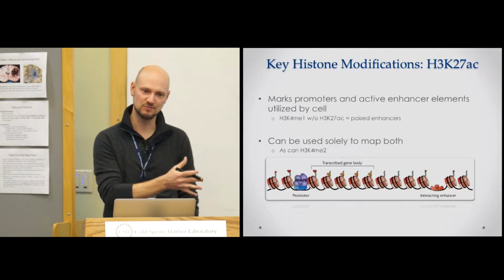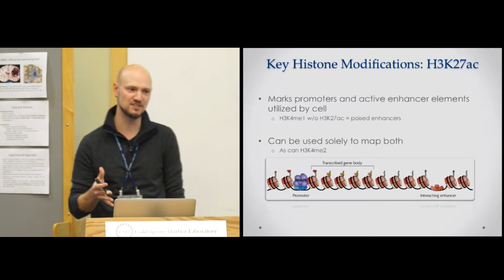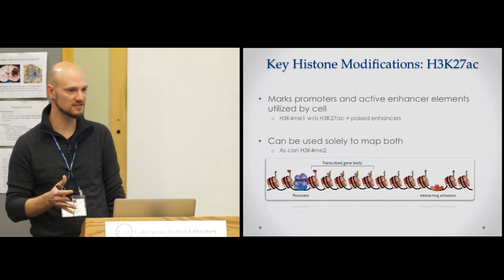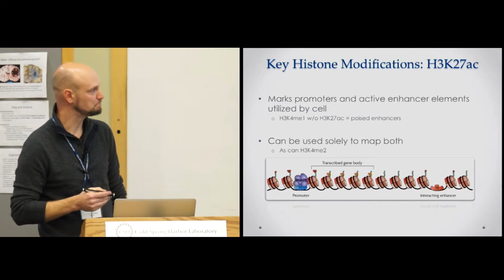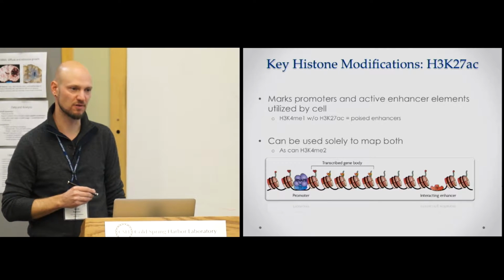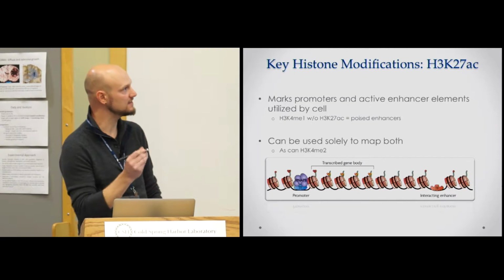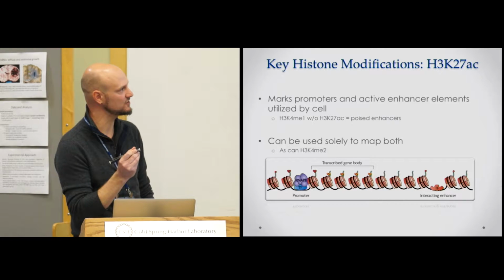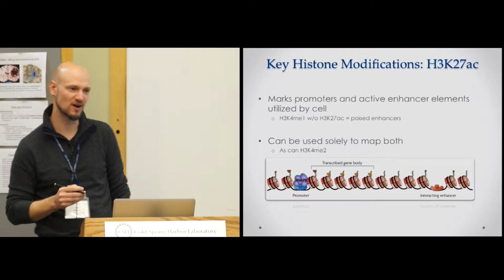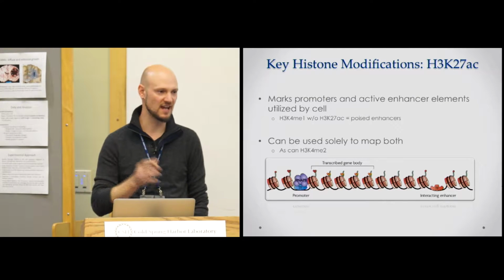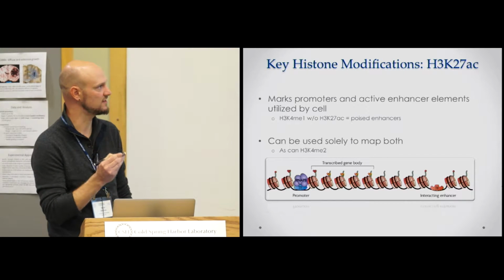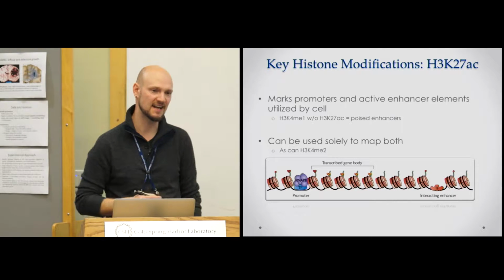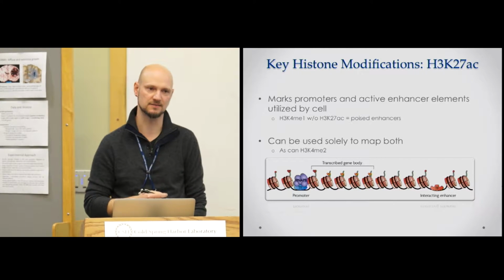You assume the distal or intronic sites are enhancers, and then you use already annotated transcription start sites from UCSC or your favorite annotation, GENCODE, to tell you which promoters are probably in an active state, right? And similarly, this could be done with the H3K4 dimethyl state, which I haven't really introduced. It sits in between the mono and the tri, and has been found at both enhancers and promoters. There are a number of papers that have used this as well to find either enhancers or both promoters and enhancers.